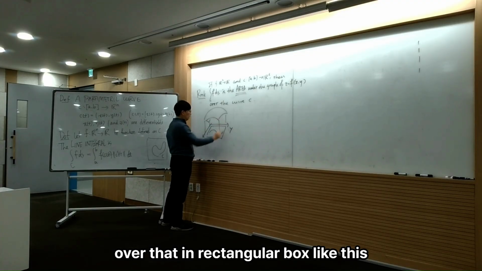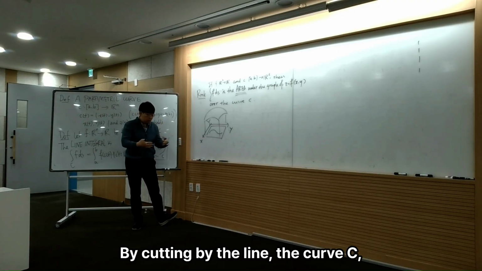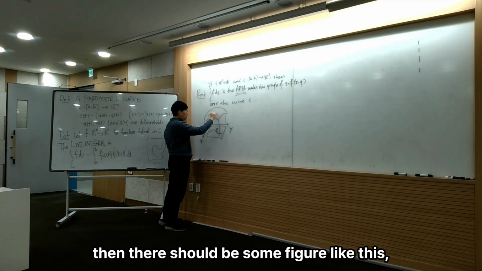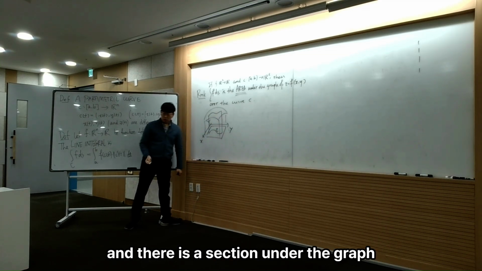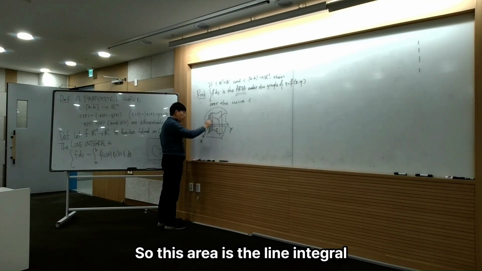If you think about the section of the graph by cutting along the curve C, then there should be some figure like this, and there is a section under the graph. This area is the line integral.